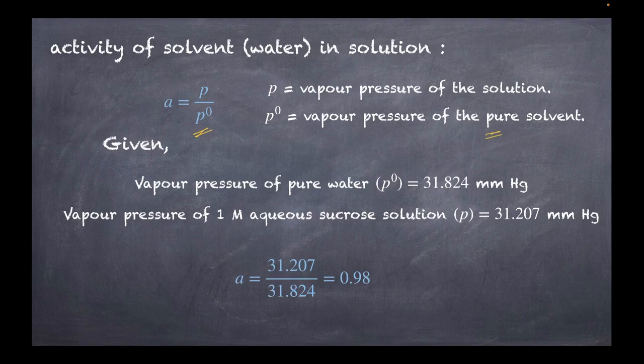So we know the values of P and P0, so we can find the activity a. So a will be 31.207 divided by 31.824. The ratio is 0.98. So the activity of the solvent, that means water, in our solution is 0.98.